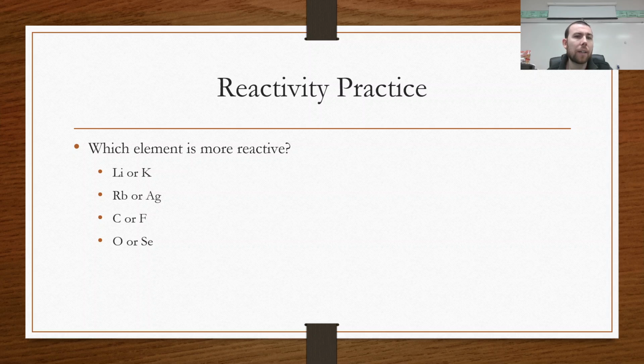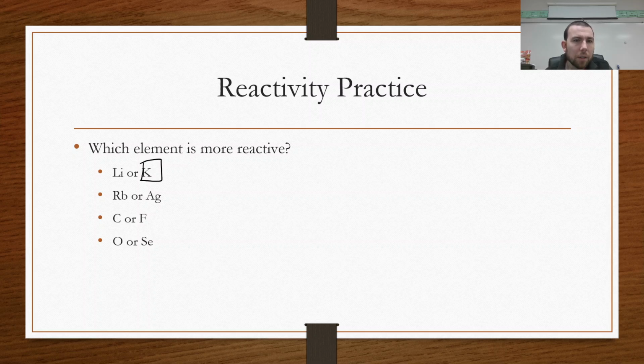Because they're metals, what we're looking for is elements that are further to the left and further down a group, okay? We see that lithium is in period 2 and potassium is in period 4, and they're in the same column. So that means that potassium, element K, is more reactive than lithium, all right?